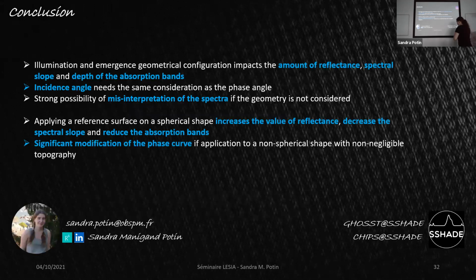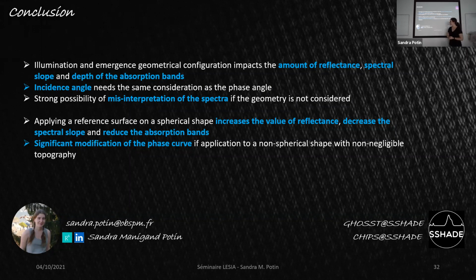So in conclusion, I showed you today the strong effect of geometry on reflectance spectroscopy. I showed you that we have a strong possibility of misinterpretation of our spectra if we don't correct and take into account the geometry of our system. We also cannot fully describe the geometrical configuration using only the phase angle. We have to take into account the incidence angle because we have a dependence on it as well.